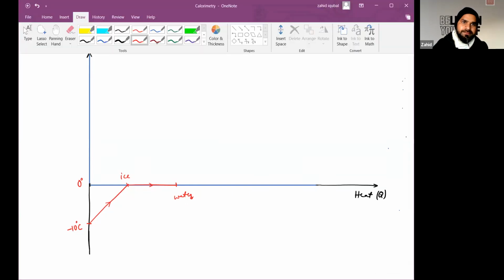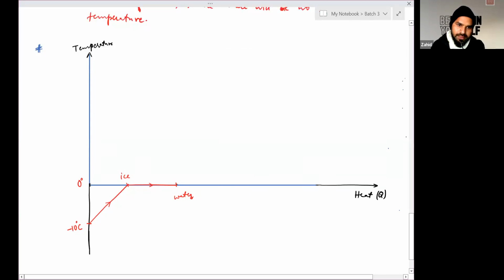Now, on further heating, it will tend to increase its temperature from 0 degrees Celsius to a maximum of 100 degrees Celsius. So this is called specific heat, since the temperature of water is changing from 0 degrees Celsius to 100 degrees Celsius.